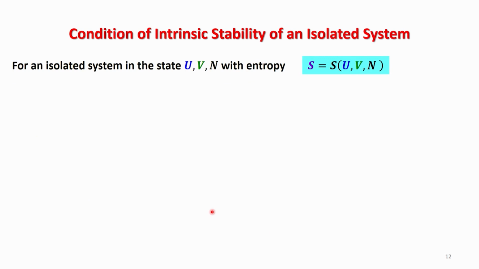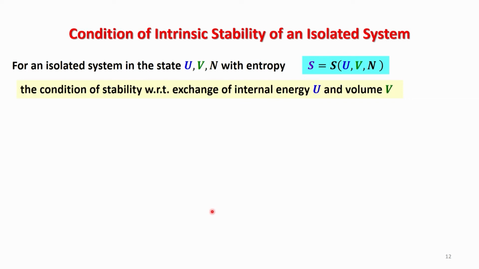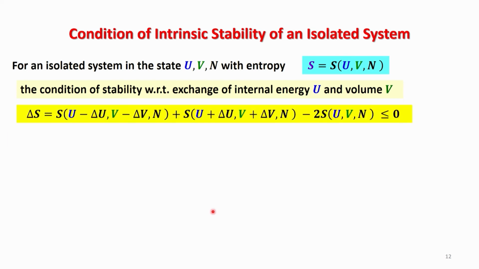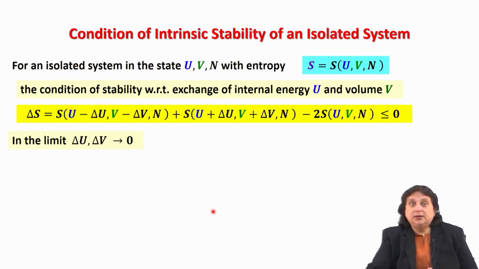that the condition of stability with respect to exchange of internal energy and volume V is given, and in the limit where I can allow the fluctuation of both u and v, that is the volume, I can say that delta S should be less than or equal to 0 for a stable system.